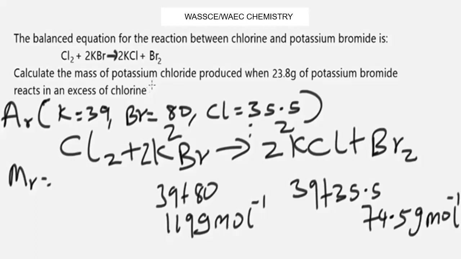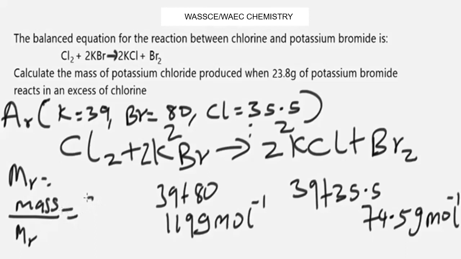Okay, so to find the number of moles of potassium bromide in 23.8 grams of potassium bromide, remember that the formula for calculating number of moles is mass over relative formula mass or molar mass.